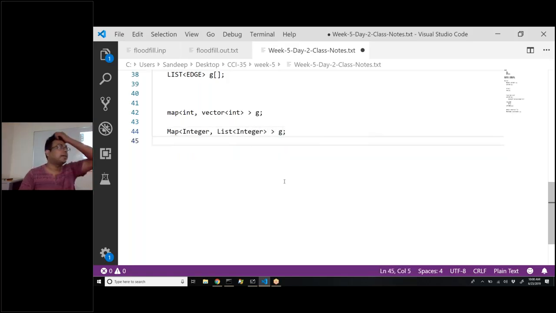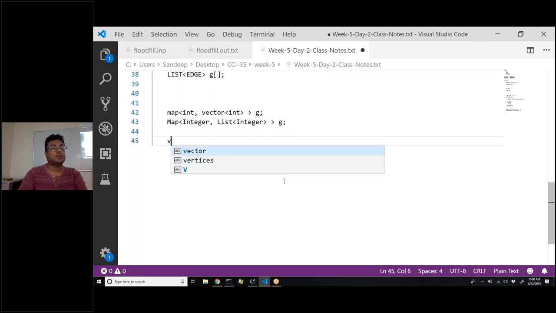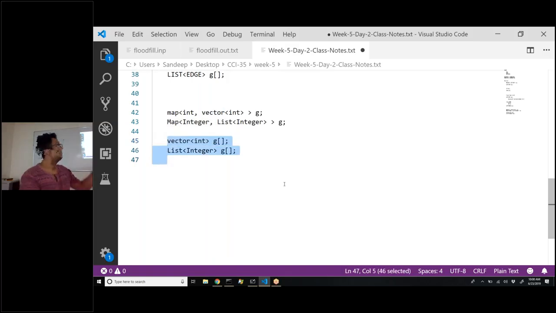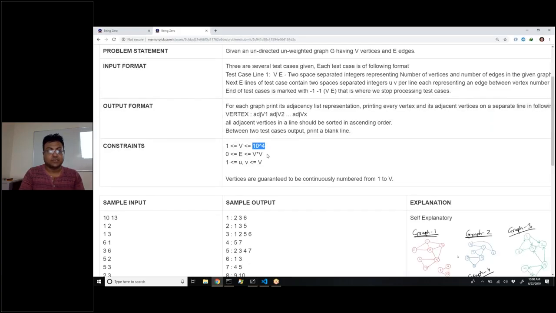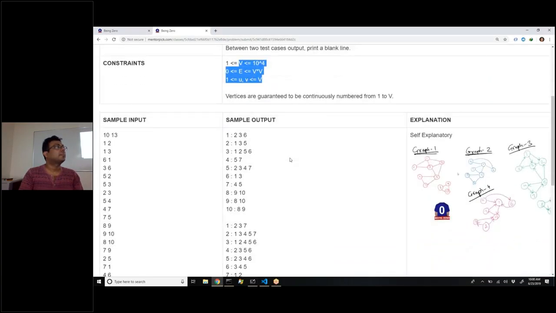This is little complex. The simplified version of this that we will be using is vector of int G array and list of integer. That is what we talked about, G array. Right, so we will go and create an array like this with the maximum number of vertices that is given, and that is how we will create our graph.